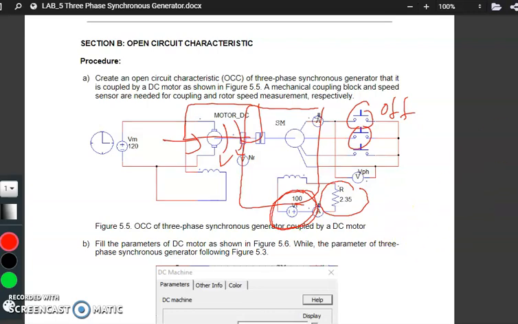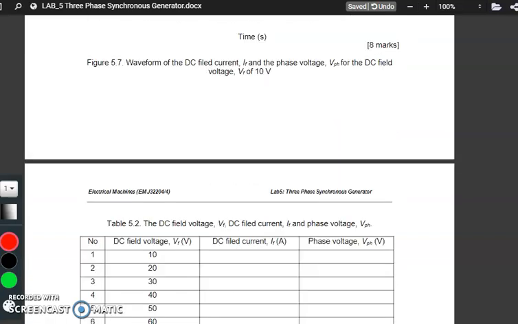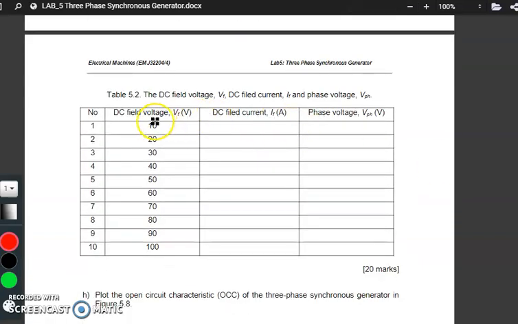So you just vary the DC voltage from 100 down to 10 volt. You record the DC field current and also the measured field voltage on the open circuit.